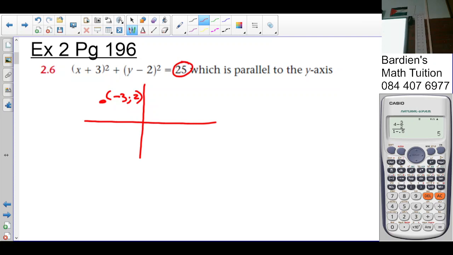So if I drop 5 from here, it's going to take you to which point? Negative 3 and negative 3. Can you see that? So this was your radius. We'll go up by 5. But negative 3.